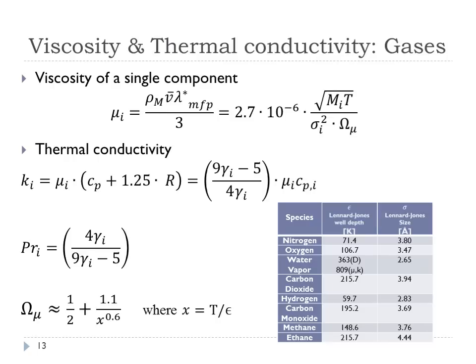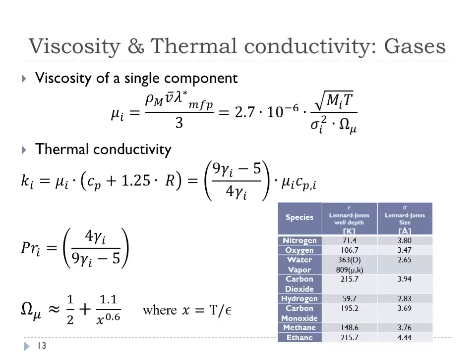Of course we want to be able to estimate the viscosity of a gas, because we'll need to know that when we design heat exchangers. Luckily there's a fairly simple equation for the viscosity of a gas, as opposed to the viscosity of liquids, which can be extraordinarily complicated.